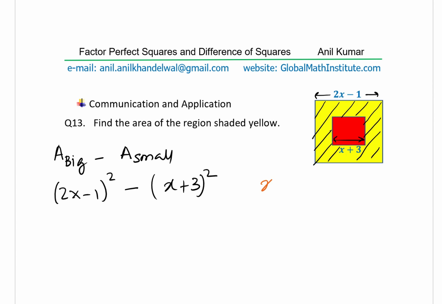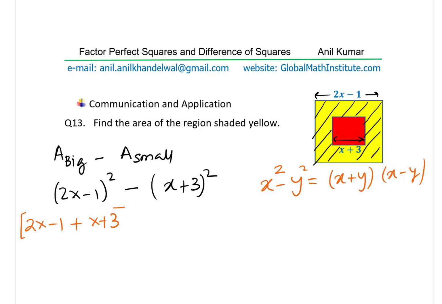So I hope you remember we have been doing x square minus y square as x plus y times x minus y. So if I do that, in that case we get 2x minus 1 plus x plus 3 as the first factor. The other one will be 2x minus 1 minus x plus 3.